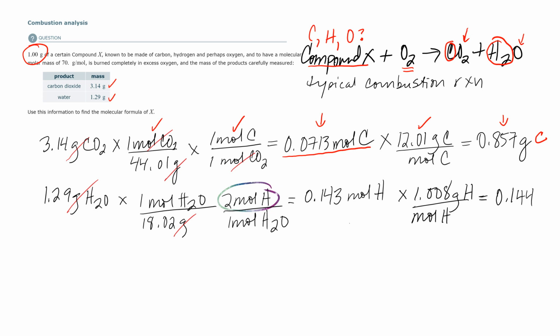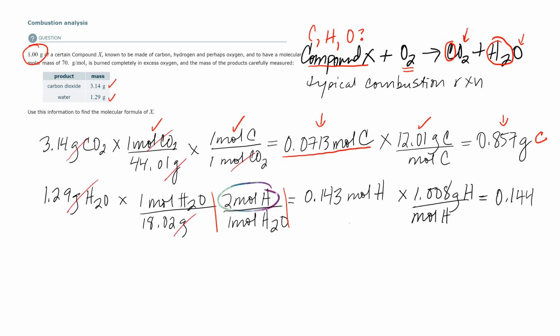Next up is hydrogen. So we start from 1.29 grams of H2O. We divide by the molar mass of H2O, but if we want to get at hydrogen, this is an important step here. There are 2 moles of hydrogen for every 1 mole of H2O. If you don't include this mole to mole ratio here, you will get an incorrect answer.